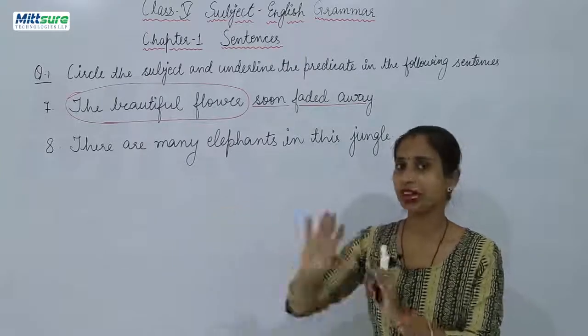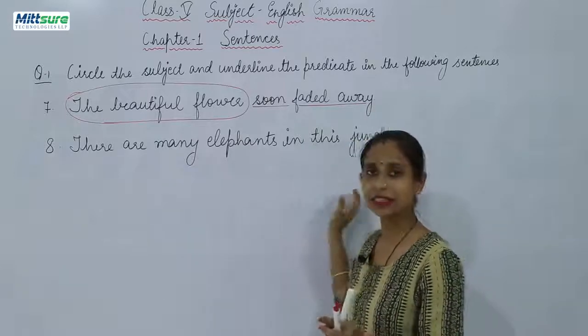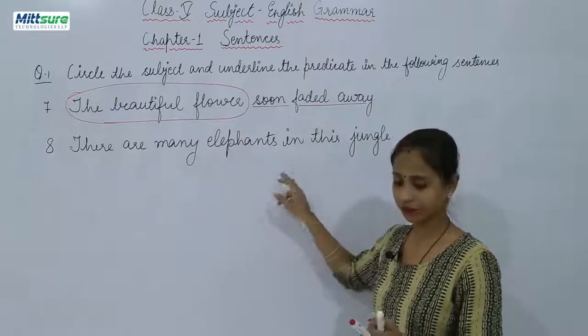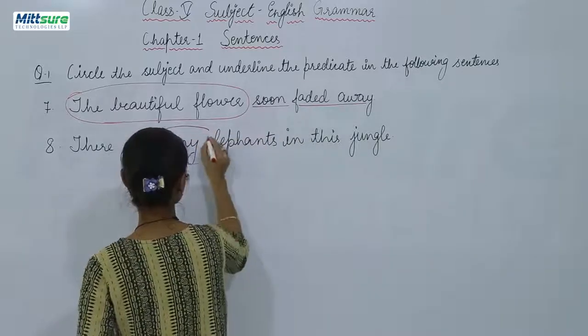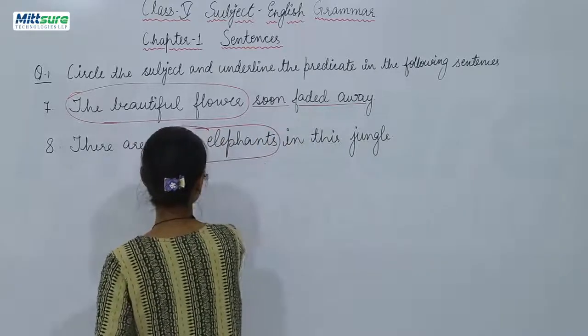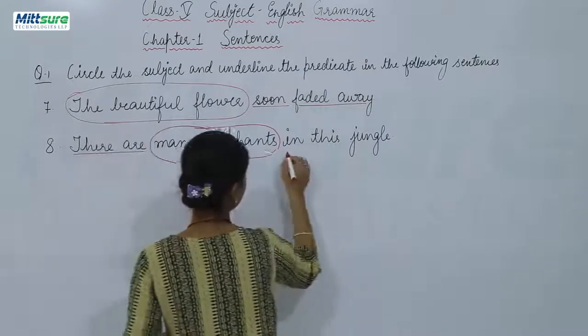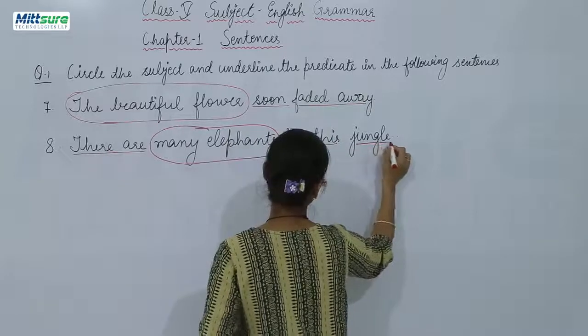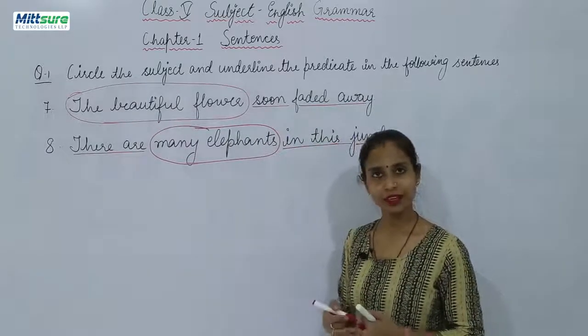So, we are not talking about there. Who are there in this jungle? Many elephants. So, many elephants will be the subject. And there are in this jungle will be the predicate. Fine.